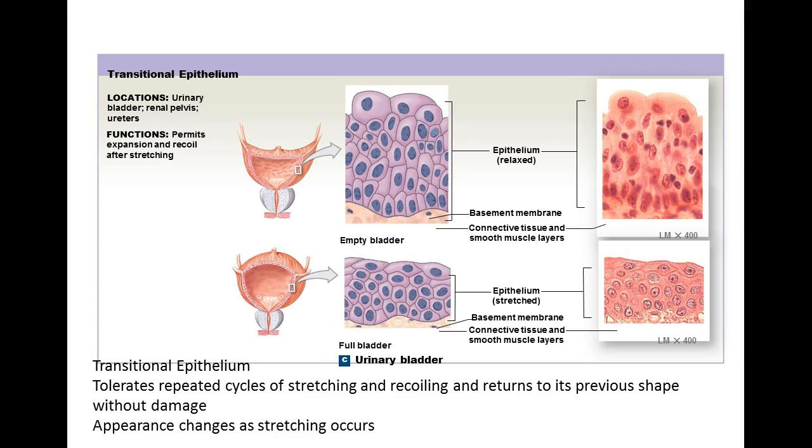But as your urinary bladder expands, you don't see a change in shape in that area, and that's because of this unique type of tissue, this transitional epithelium, that allows for this stretch, and so you have more space within the bladder without the outside of the bladder actually changing shape. The actual appearance of the cell tends to flatten out as it stretches.